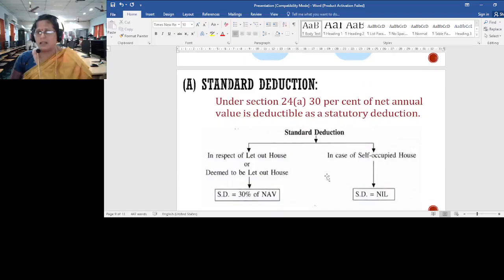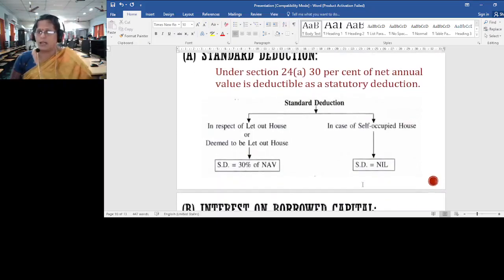As far as standard deduction is concerned, you don't get any standard deduction for self occupied property because the values are nil, right? So, you cannot calculate this standard deduction also. That will be nil as far as self occupied property is concerned.